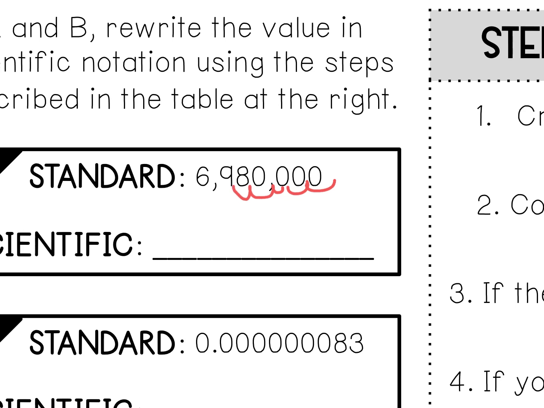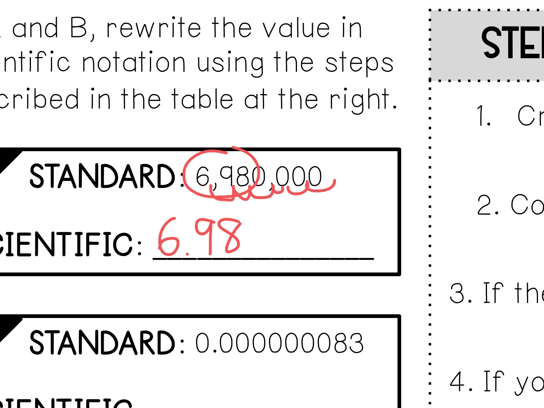No. Now? No. Now? Yes. So I'm going to write that down: 6.98. Generally, we're going to leave 2 digits behind the decimal, like I did here. Occasionally, you'll see 3.